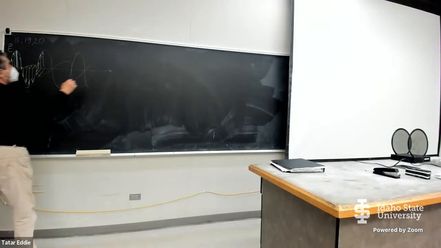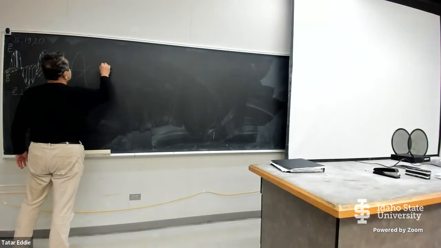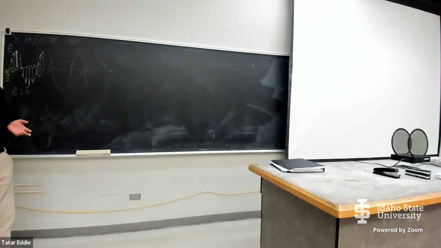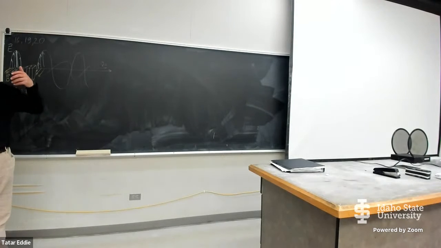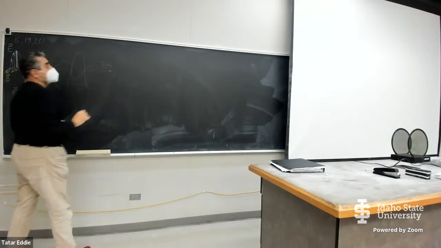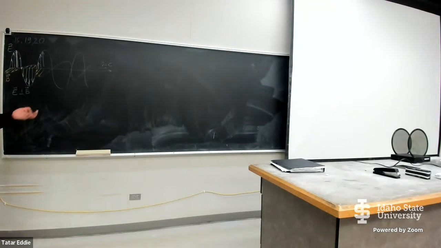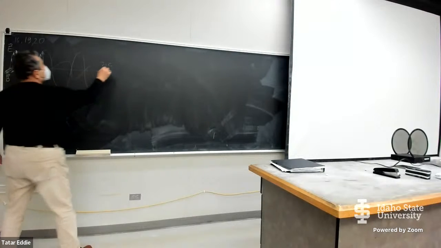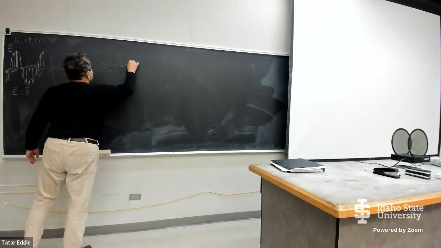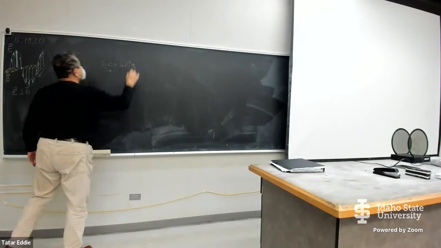Also, if this is the direction of the velocity vector, the velocity of electromagnetic wave propagation in vacuum or in air is the speed of light, 3 times 10 to the 8 meters per second. This is the magnitude of velocity.